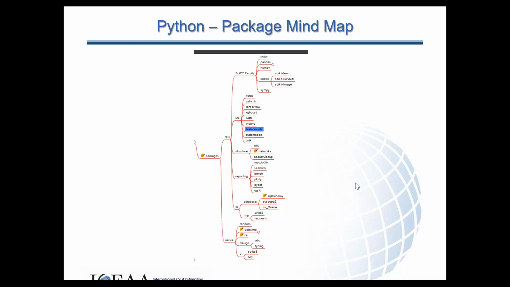And then reporting packages: Matplotlib, Seaborn, Plotly, which is popular in JavaScript and R, I think. Then you've got your I/O with databases and protocols, and those are just third-party packages. Python has a lot of really great data packages built into the language itself, so don't forget to check out what they have to offer.